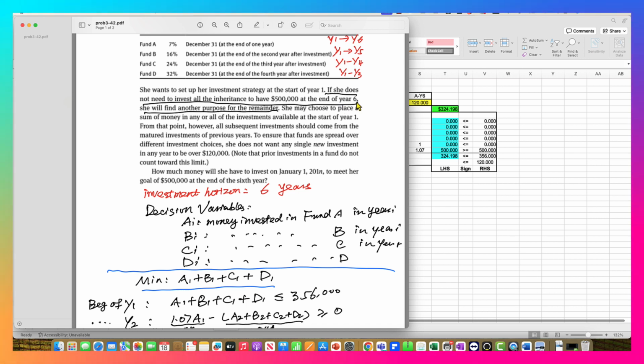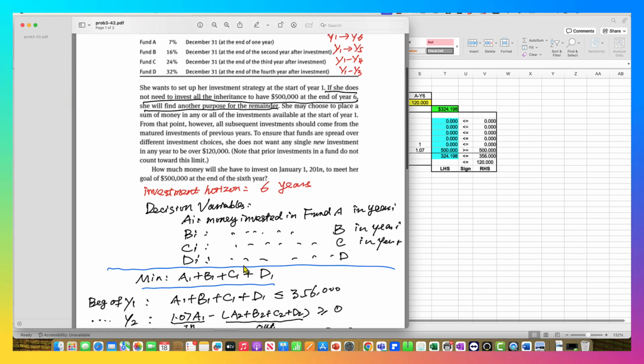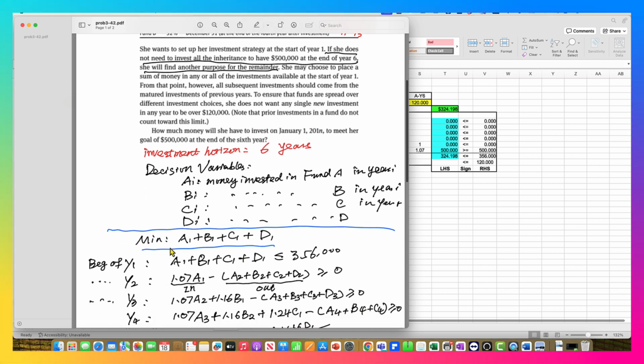Again, based on the sentence, the investment horizon is 6 years. And the objective is to minimize the fund needed to reach the goal. Therefore, the objective is to minimize the total money invested in year 1.